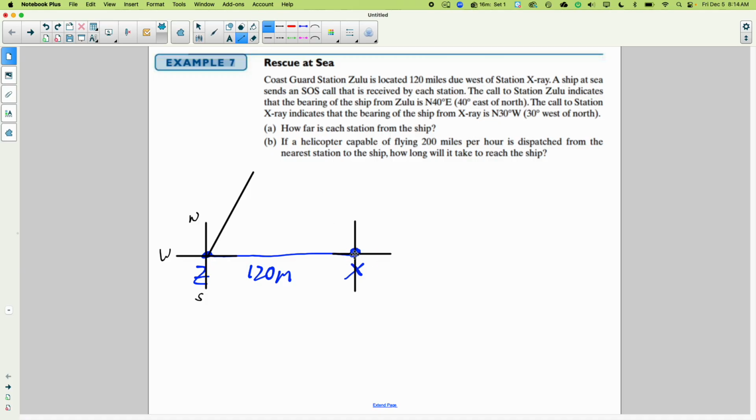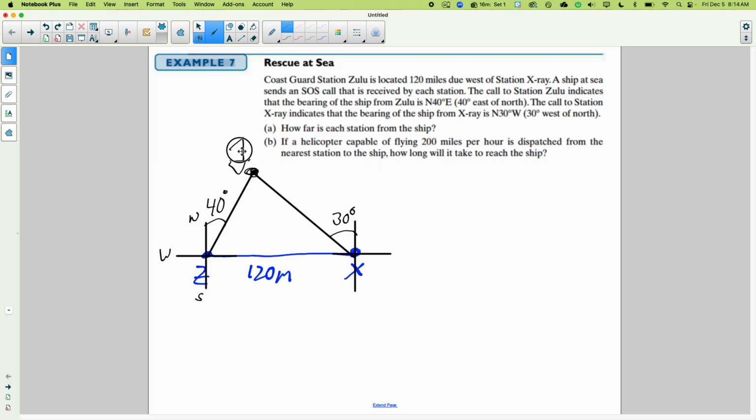So I go up north 30 degrees, let's just say that's 30 degrees, it's not drawn to scale, towards the west. And so I know this here is 30 degrees, this here is 40 degrees, and this is where the ship is in this problem.